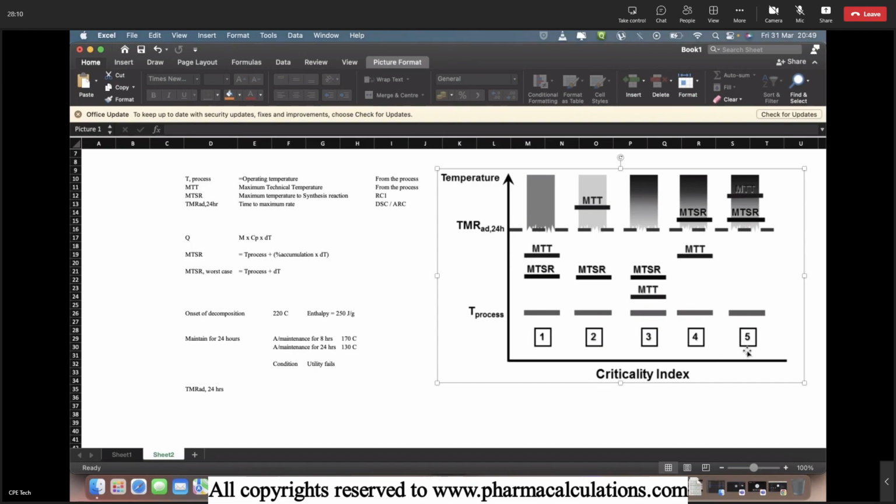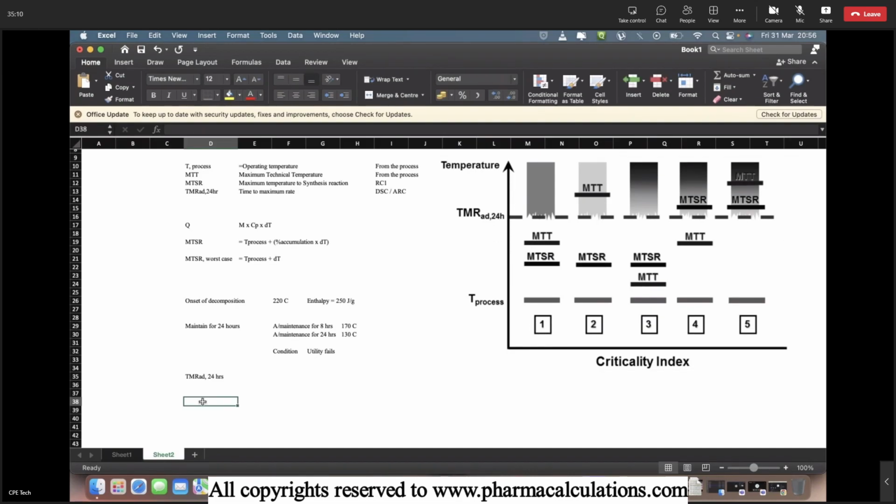And coming to class 5, if your reaction is classified into this fifth zone, you had better take the process into the lab and try to re-engineer it. Re-engineering means you can make certain changes, or else you can reduce the operating temperature so that it does not go into the decomposition zone. So this is how we classify, or interpret, the Stoessel criticality index.